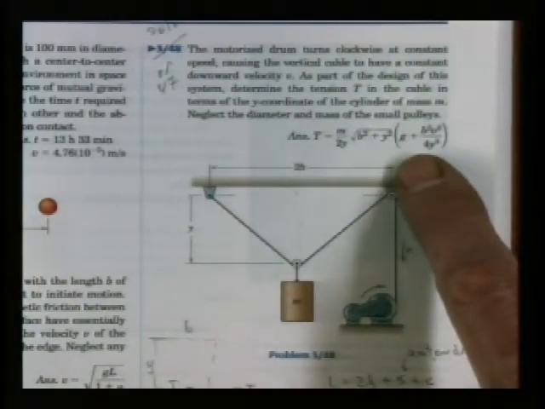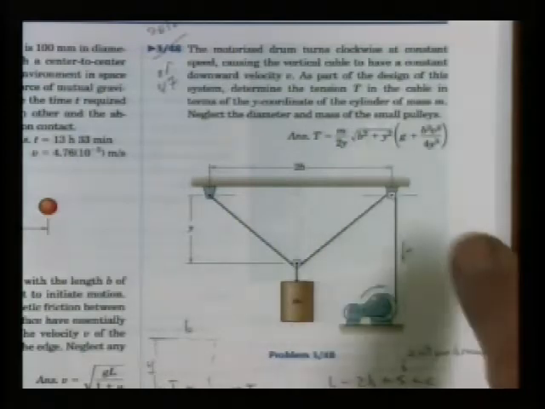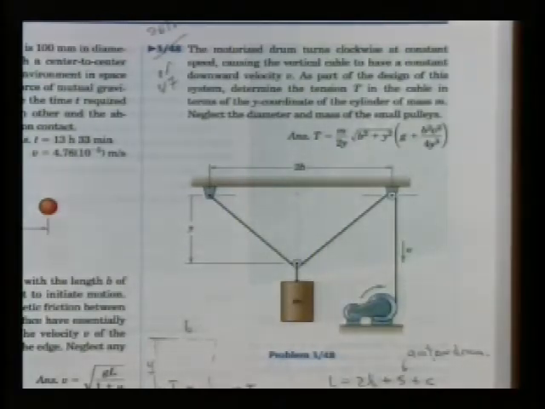I'm trying to solve for the plus a part, and I can't get the b squared divided by 4y cubed. The a represents the overall acceleration of the mass, which I assumed I could find based off the constrained motion of the cable. And my equations do not work out.